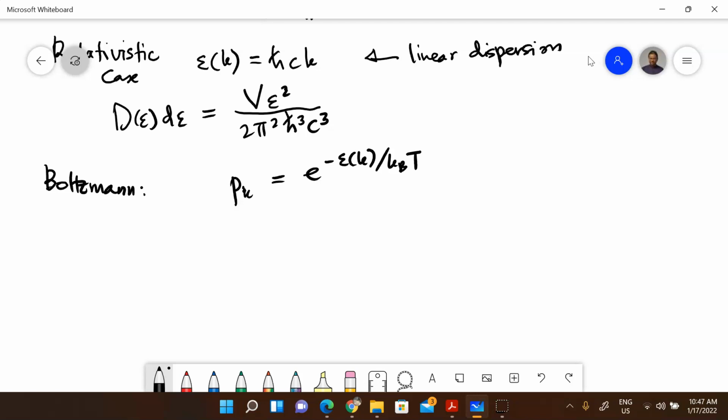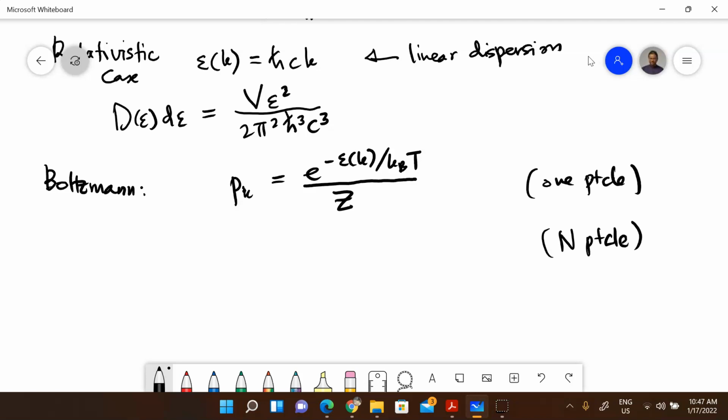This is for one particle divided by the partition function. And then we have made some approximation for n particles.